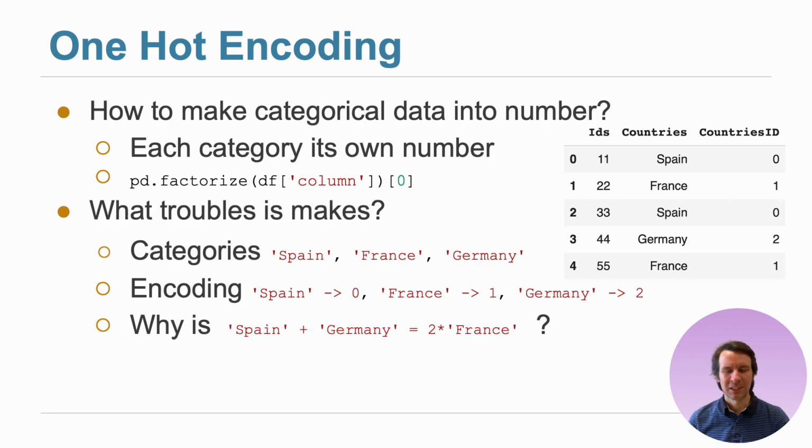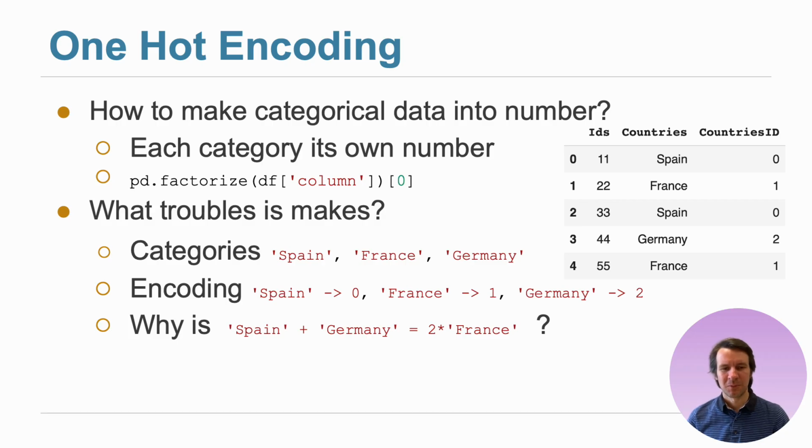One-hot encoding is a way you can turn categorical data into numbers. So first, if you have a category, let's say country: Spain, France, Germany, you can of course change the category into numbers. You can write them as numbers: Spain 0, France 1, Germany 2.